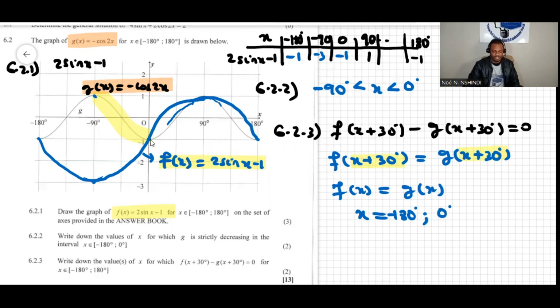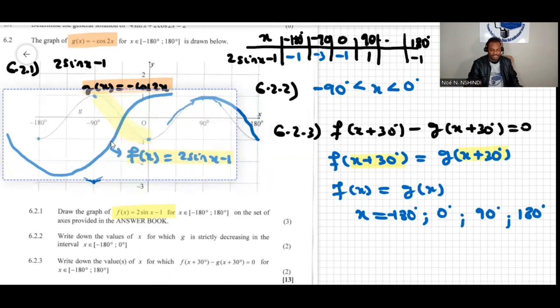They are also equal at 90 degrees and at 180 degrees. Now that we're talking about x plus 30, it means the same graphs shifted 30 degrees to the left. My left may sound like right for you when you're watching, but it's 30 degrees to the left. So these two graphs will be shifted 30 degrees to the left, both of them.